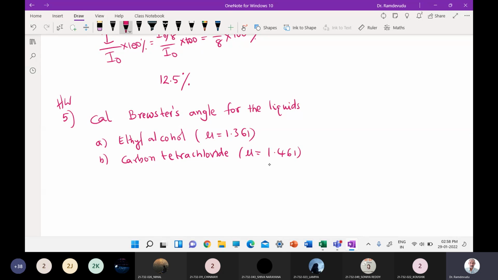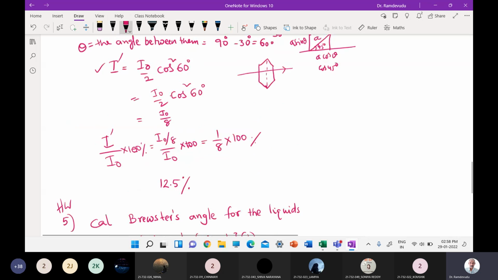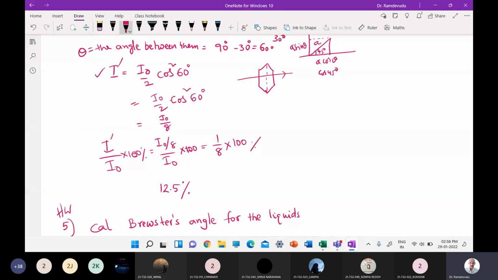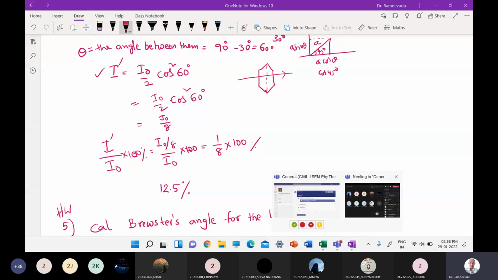You have to find that, and also find the angle of refraction. So you do it as homework and give me the answers tomorrow.